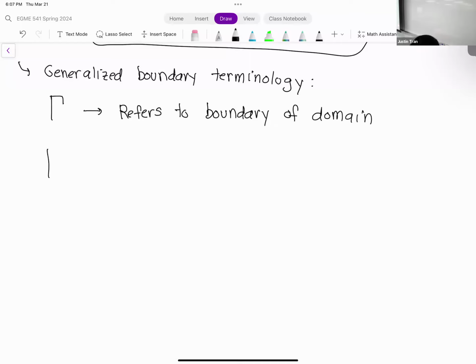We can add subscripts here to denote which boundaries are Dirichlet boundary conditions and which boundaries are Neumann boundary conditions.